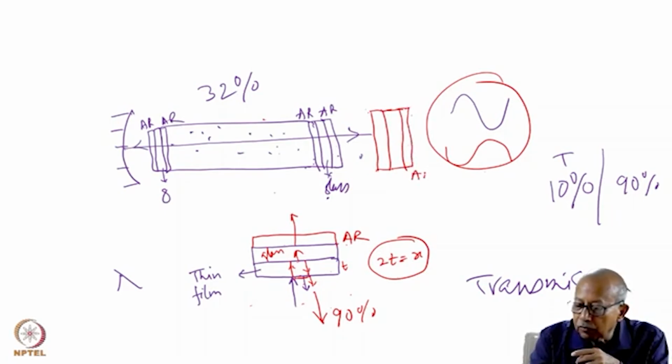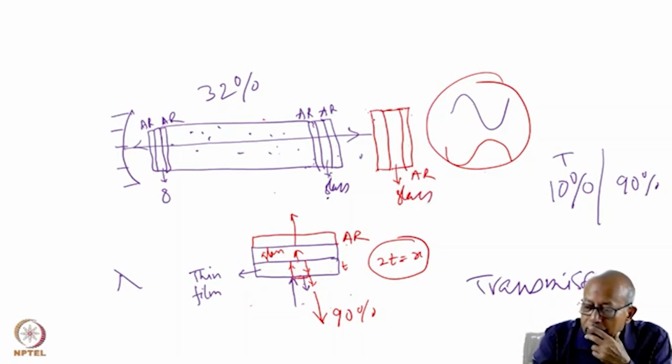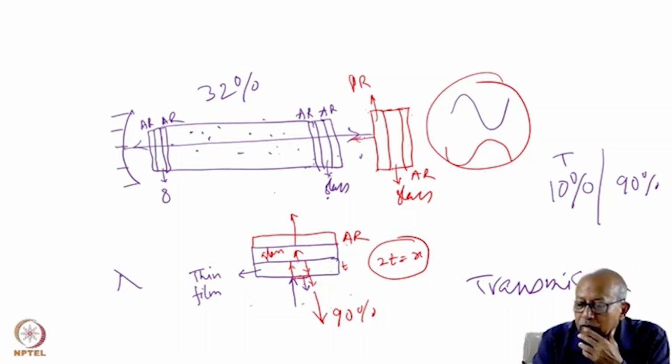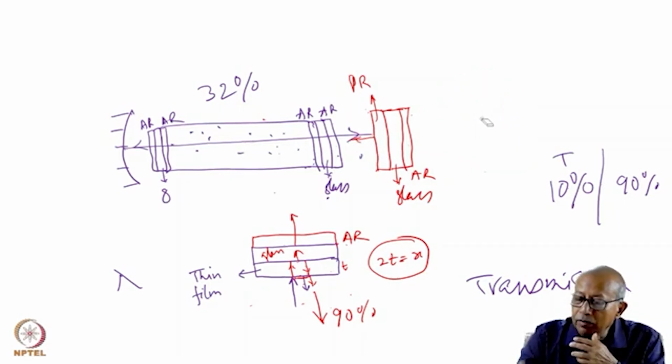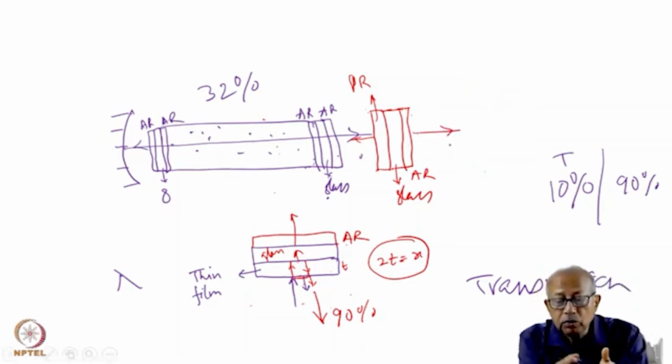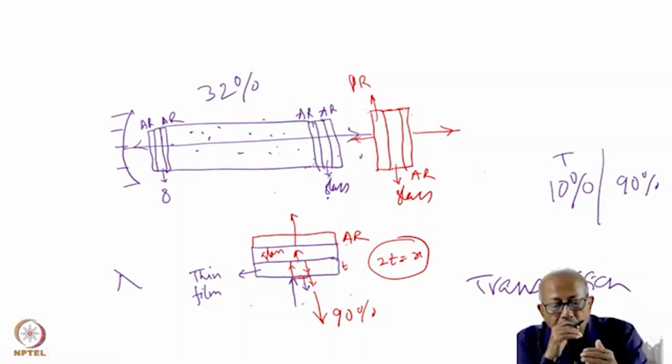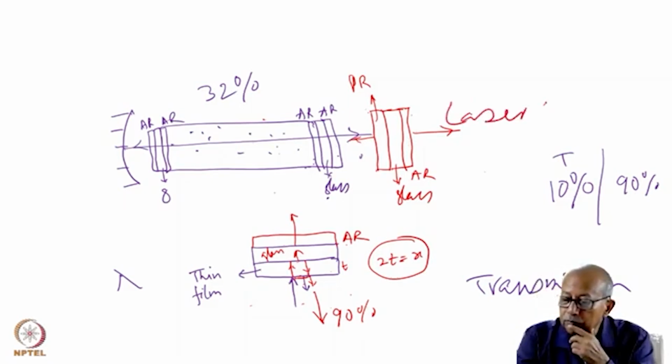So this is anti-reflection coated. This is glass. And this is partially reflective, partially transmitting. So if you are using it, then 90% of the light will be reflected back into the cavity, and 10% is the transmission loss, which will be coupled out of the active layer. It's a useful loss which will form the laser beam.